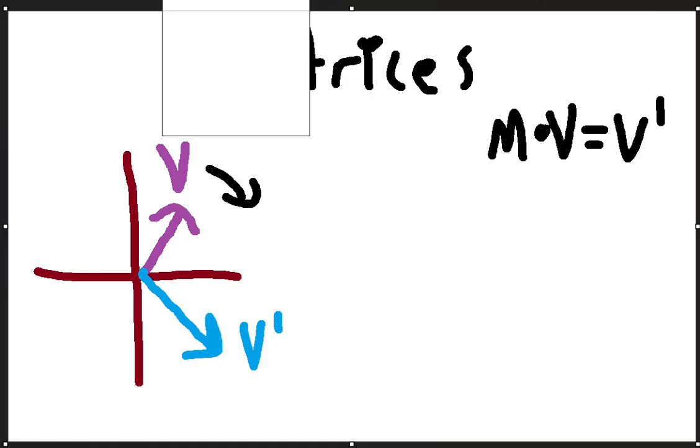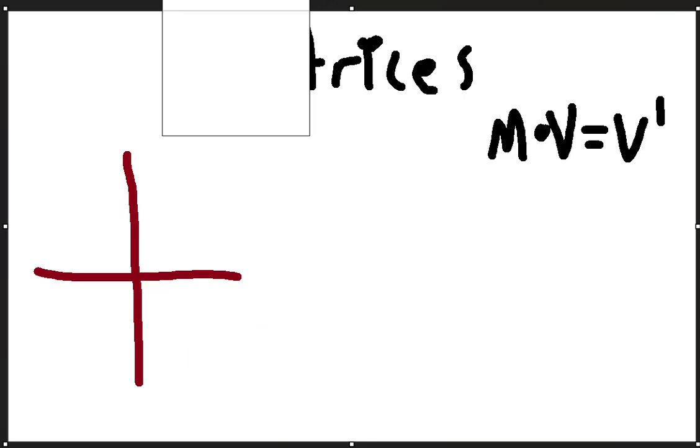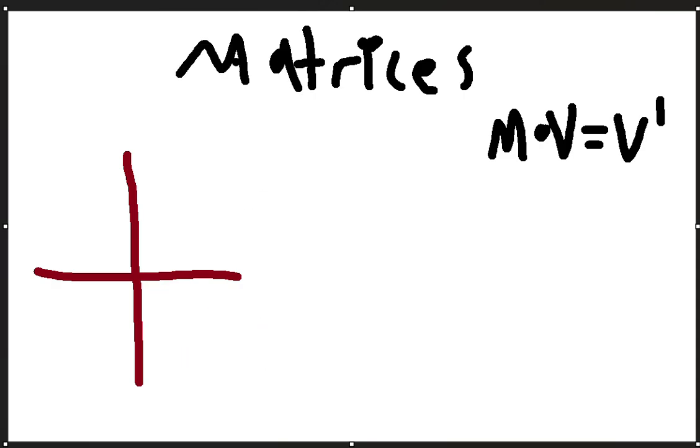But it doesn't have to be one of those. Like V, we can have a vector, say, L. We have a matrix. L might start off pointing in, let's say, this direction.